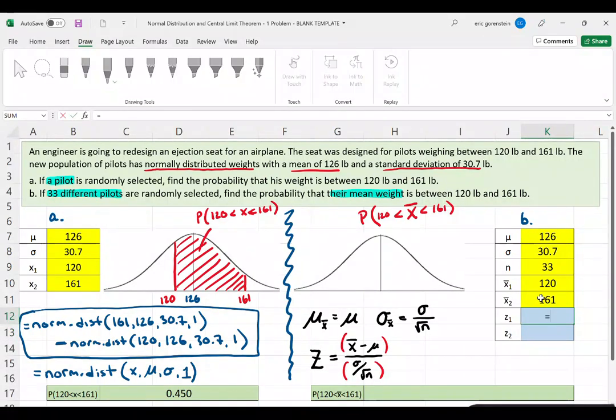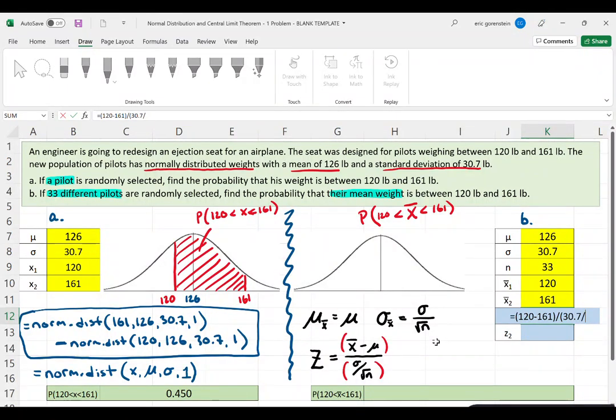So equal, parentheses, x bar, 120, minus the population mean, so minus 161. We're going to divide that by sigma, which is the 30.7, over the square root.